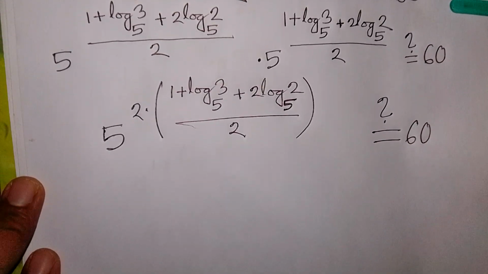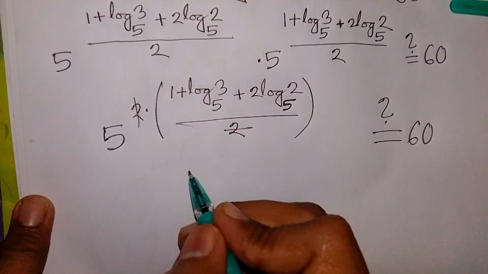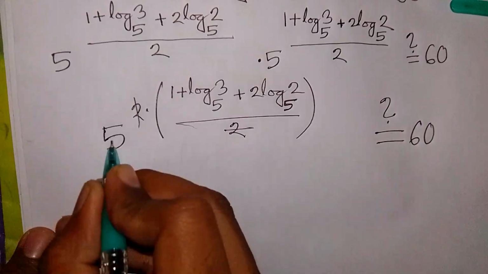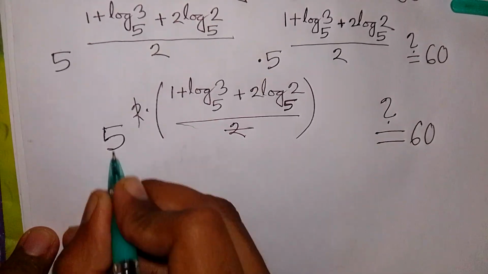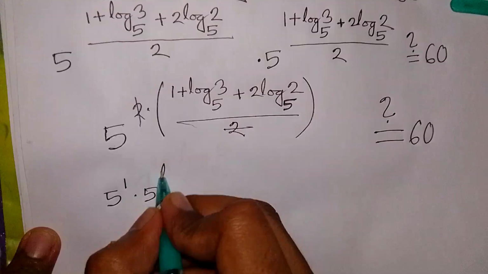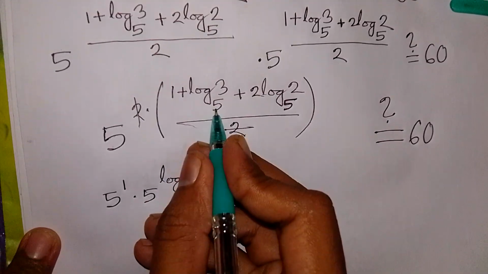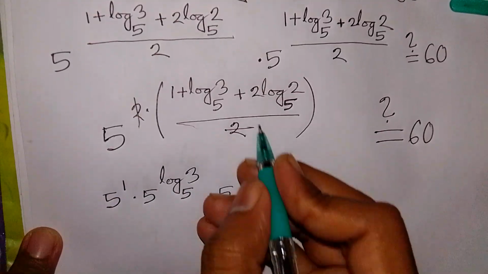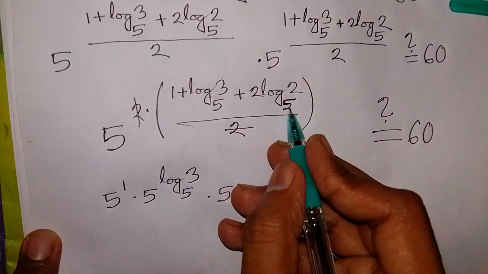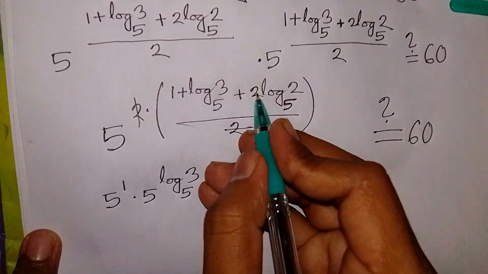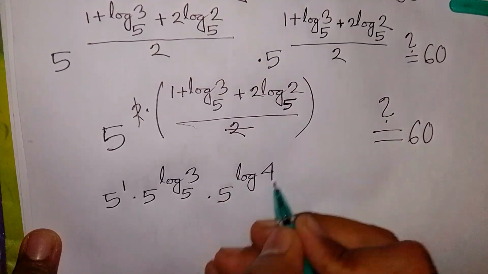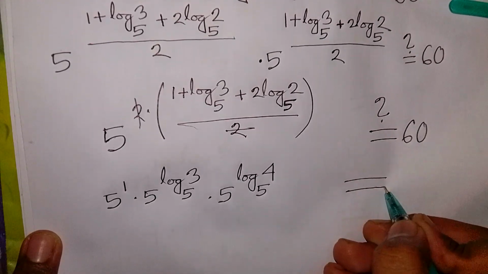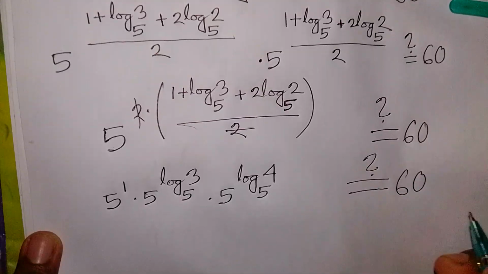Now we see this 2 will be cancelled. Now here we apply the exponential rule, so it will be 5 power 1 times 5 power of log 3 base 5 times 5 power of here 2 log 2 base 5, which is the same as log 2 power 2, that means log 4 base 5. Is it equal to 60?